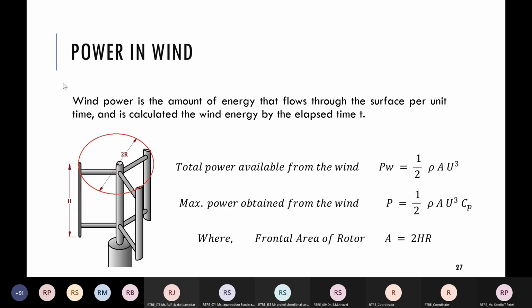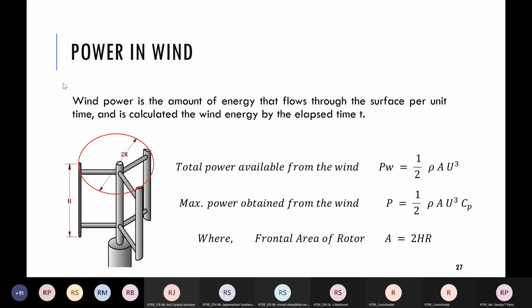Okay, so next step is to find out the power from the wind. Total power available from the wind is, maximum power available is 1/2 rho A U cube. What we can obtain from the wind using our rotor is power equal to 1/2 rho A U cube multiplied by Cp of that particular rotor.